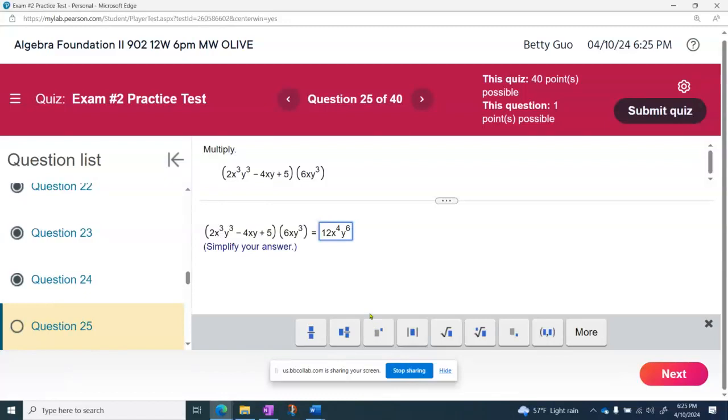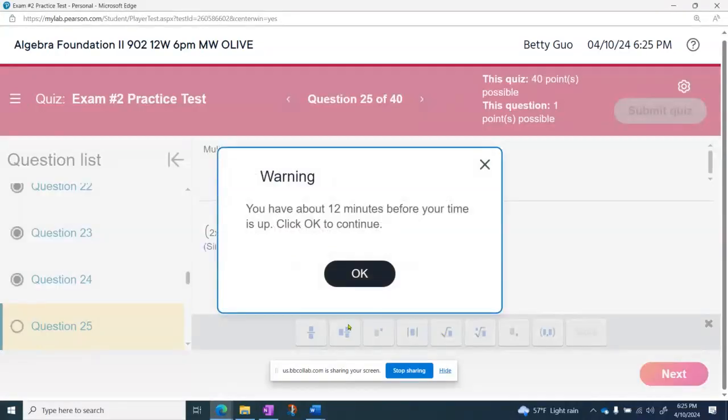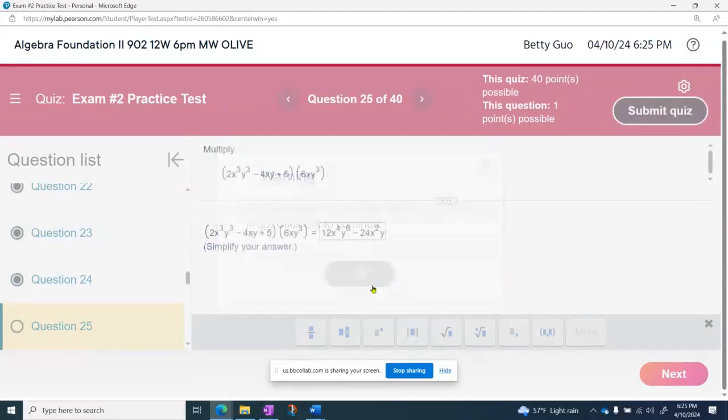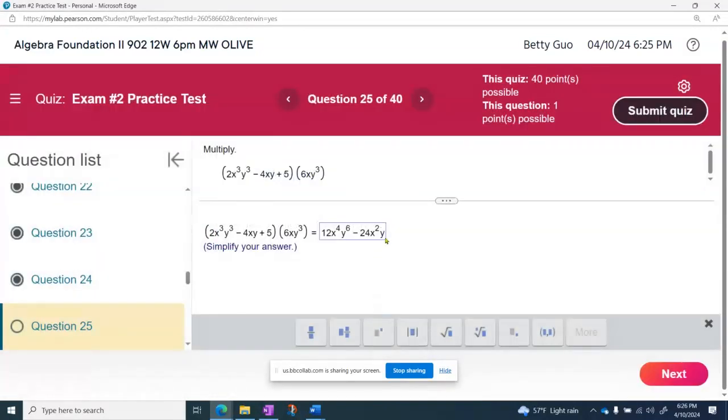Second term is a negative, so minus 24x squared y to the power 4.